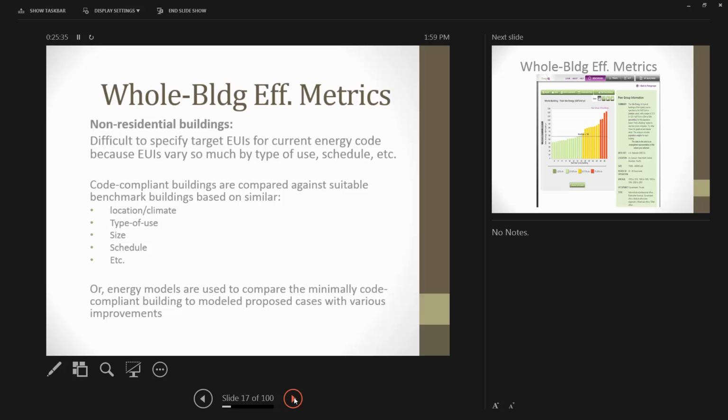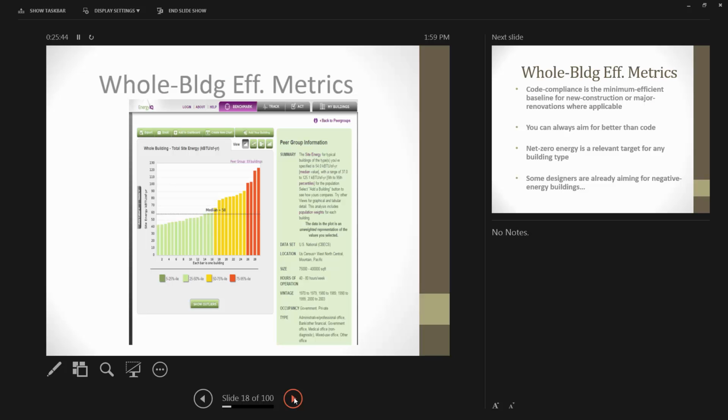And again, being able to normalize those and get the energy use intensity is how we can compare buildings to one another. For example, here's an Energy IQ screenshot. Once you can normalize those and get the energy use intensity, with the calculations we were just talking about, you can even compare a building in California to a building in New York, because you can change the rate and the cost of that energy, and you can change the climate data, and get a similar energy use intensity.